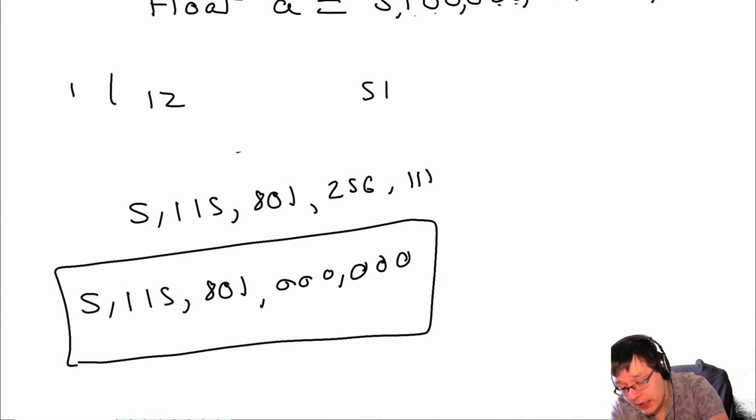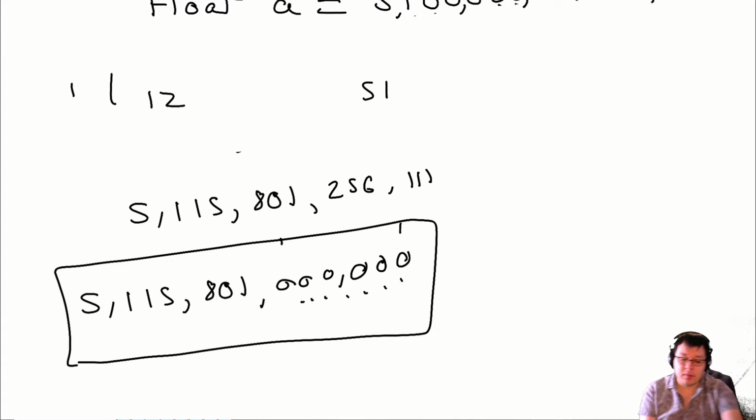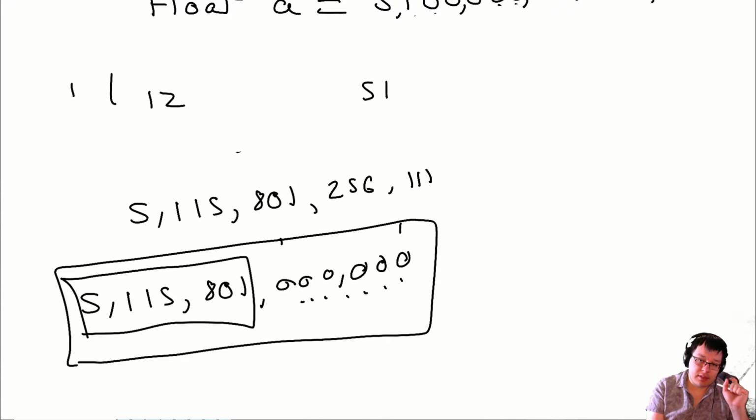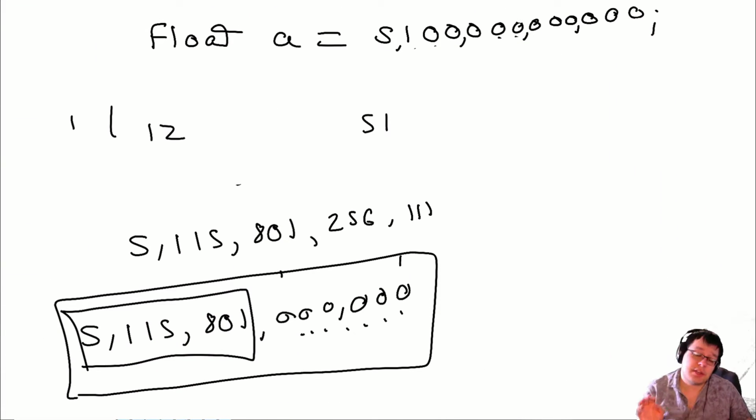But if any of these digits are not zeros, like if you have a 1 here or a 1 here, when you convert that number into binary, this part, which is a significant part, the number of bits that you need is more than, what is it, 23 or 24? More than 23. And then you can't store it. So while you can store really big numbers, you can't store all of them. There's going to be some rounding happening.